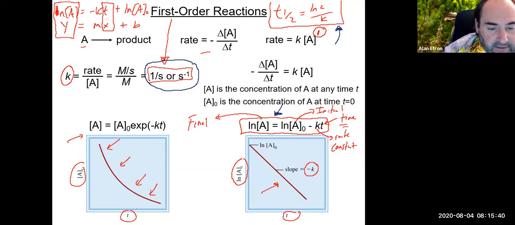Although these are both technically first order plots, most people go with this graph here, the natural log of A versus time, which should give you that linear graph and that linear relationship. So those are the important things to make sure that you know when you're dealing with a first order reaction.